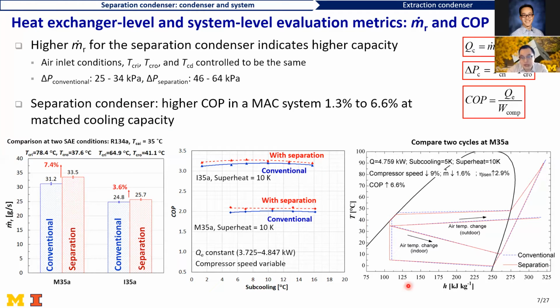So at the same cooling capacity, the delta H on the evaporator side becomes bigger, so we don't need as high a mass flow rate as the conventional system. So that will cause some reduction in the compressor speed because we don't need a higher mass flow rate. That brought some extra benefit on the isentropic efficiency for the compressor, which is about 3%. But the source of the improvement came from a better condenser. So we attributed the 6.6% improvement to that.